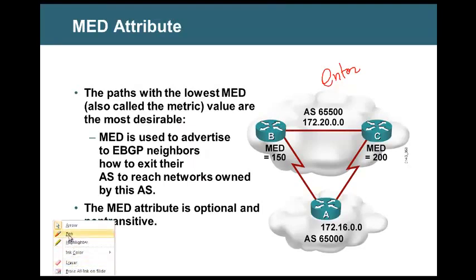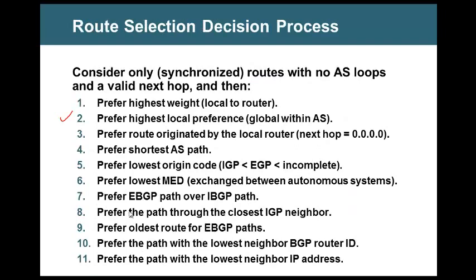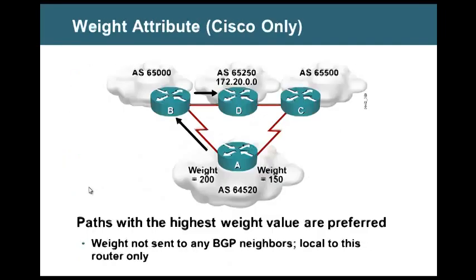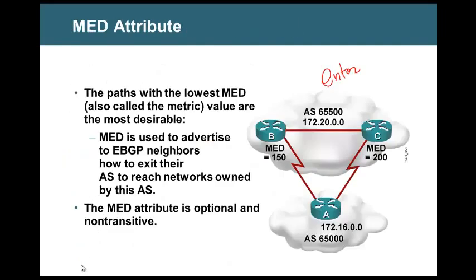So what is MED? In the order, MED is in the 6th place. Only when there is a tie in the above 5 can MED be used in path selection. MED is not talking about anything local. MED is talking about the neighbor, the EBGP neighbor.